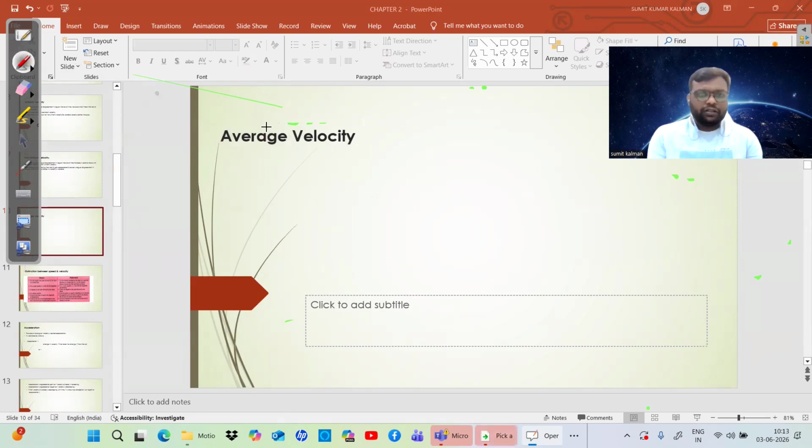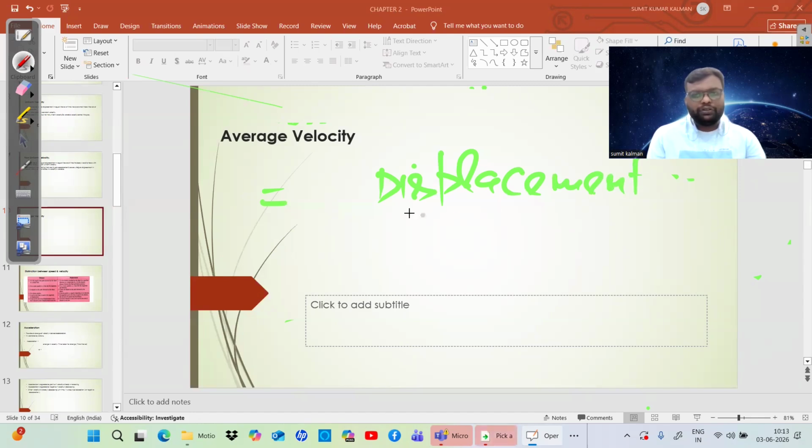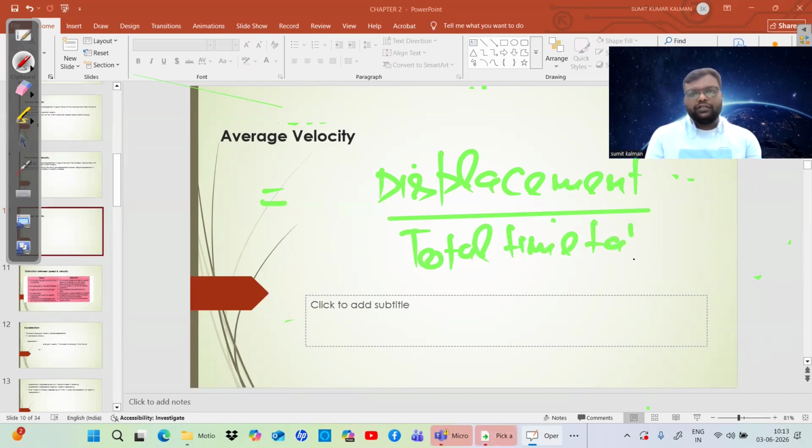Average velocity is equal to the displacement throughout the complete journey upon the total time taken. So this was all about average velocity.